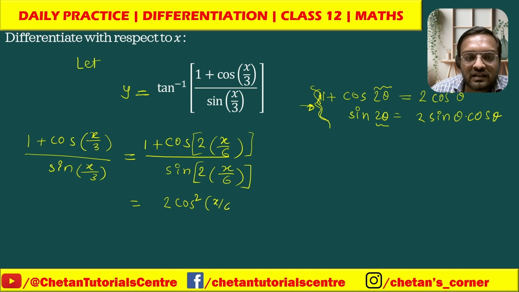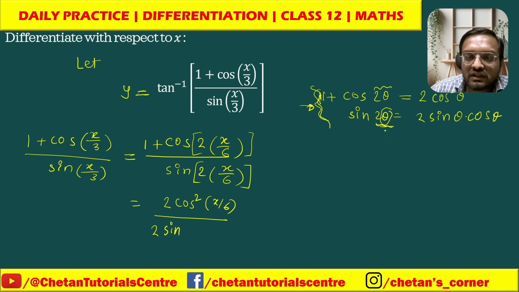So x upon 6 divided by sin 2 theta. This sin 2 theta I will apply to this denominator. Then what I will get? 2 sin, here theta is x upon 6.